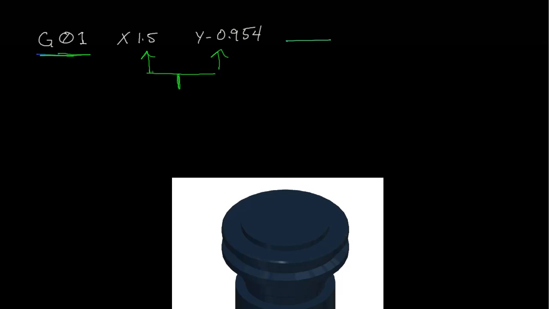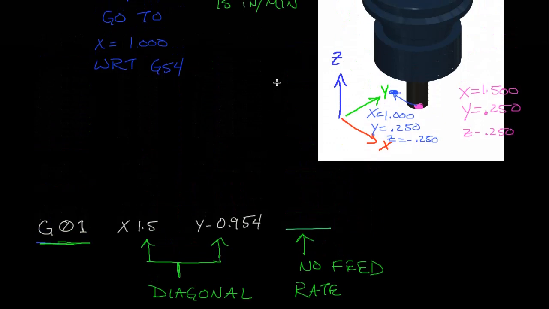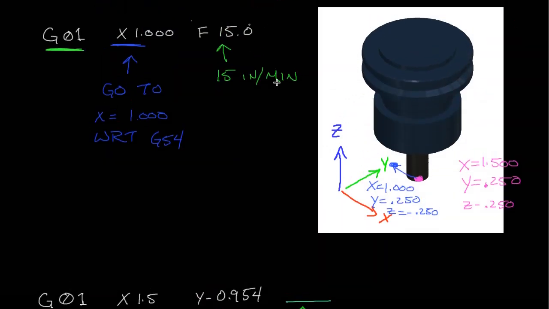Take the shortest route to this point from its current position. So it's a diagonal cut. And notice that there's no feed rate here. When there's no feed rate specified, you'll just use the latest feed rate that was programmed. So in this instance, we're still going to move at a feed rate of 15 inches per minute.